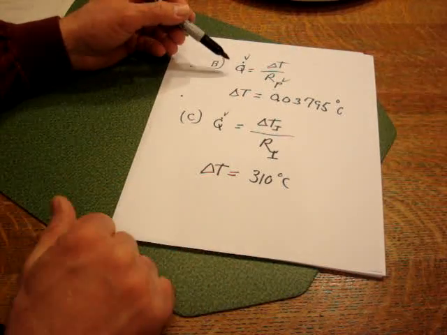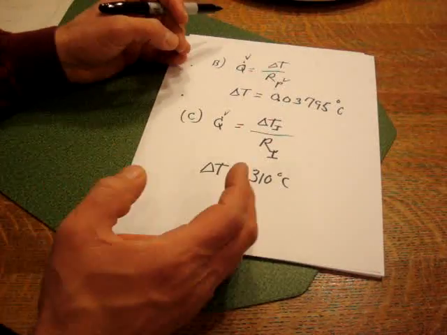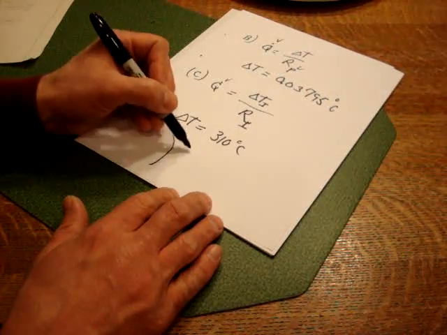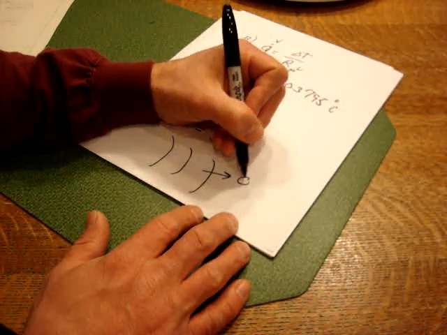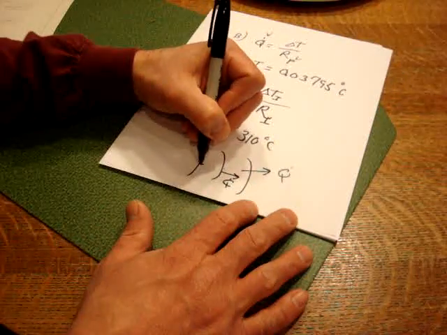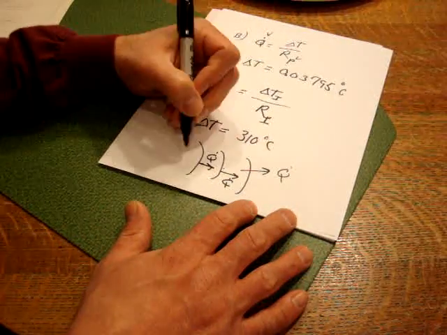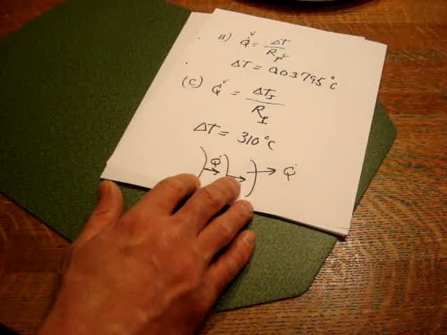So all the Q dots are the same. Whatever goes into the pipe has to go into the insulation and out to the environment, Q dot. So all these Q dots are the same here. They're in series. Okay? So that is an example of the thermal resistance technique for a cylinder.